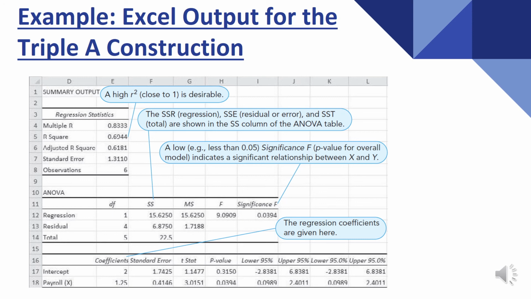Another one is the coefficient of determination or R squared. It is shown to be 0.6944. So we have here under the regression statistics, and the coefficient of correlation or R is called the multiple R. In this Excel worksheet, we have 0.8333.